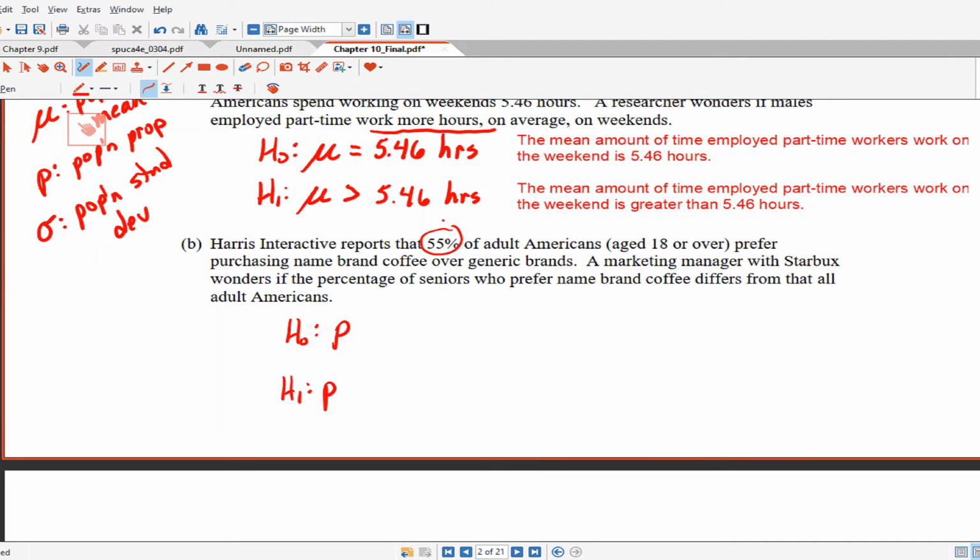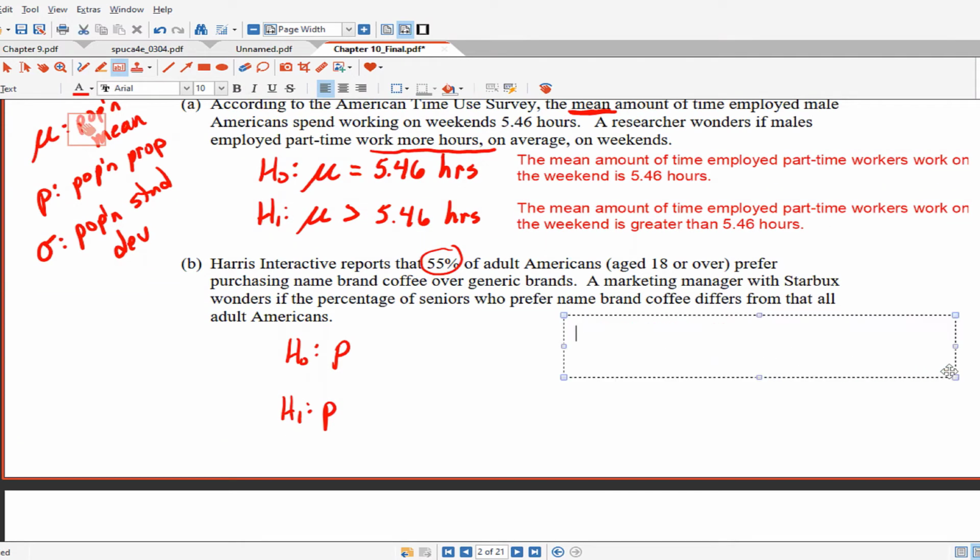And so if that's the case, what's the statement of no change, no effect, no difference? We want to know, is there a difference between seniors and adult Americans in general? So if there is no difference, the statement of no change, no effect, no difference would be the proportion of seniors who prefer name brand coffee over generic is 0.55.